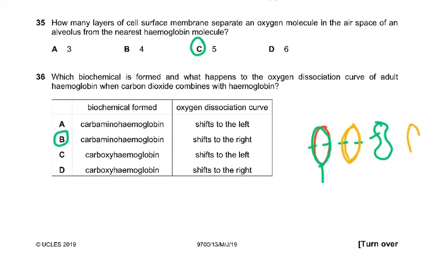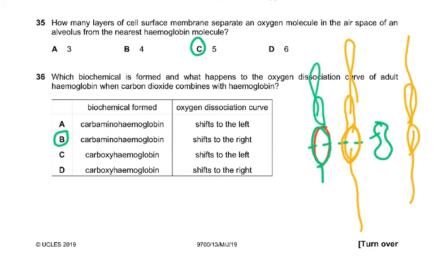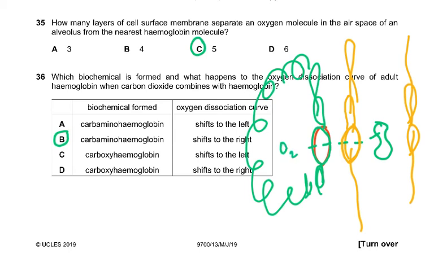This is the capillary, and this is the alveolar wall made up of these cells, and this is the alveolus. Oxygen is inside here. So oxygen has to cross first this membrane, then this membrane, then this membrane, then this membrane, and finally this membrane. So it has to cross 5 membranes.